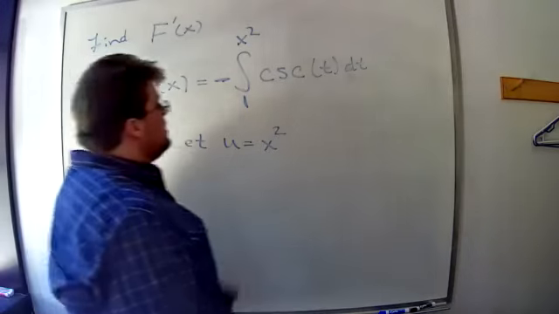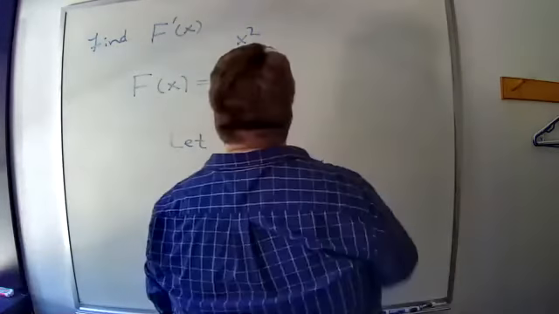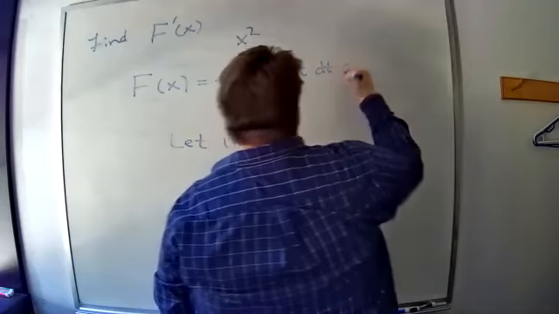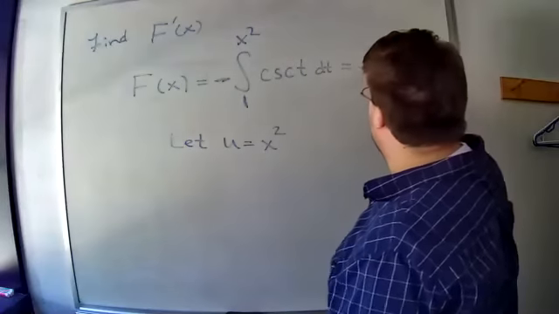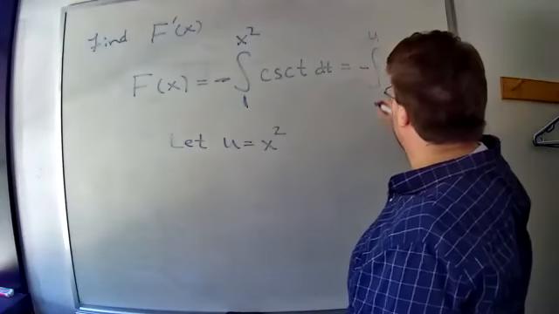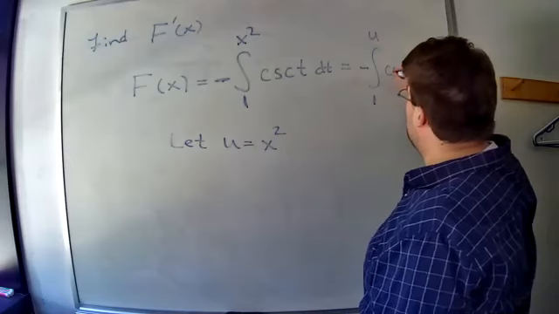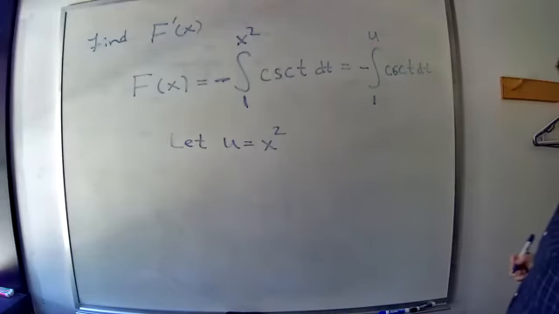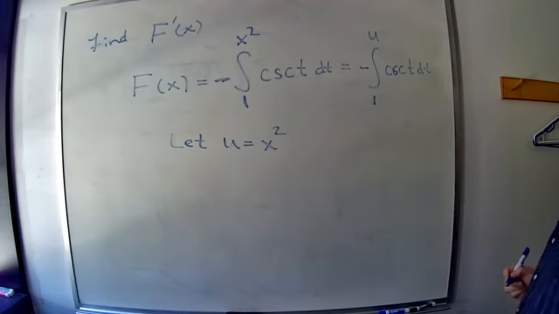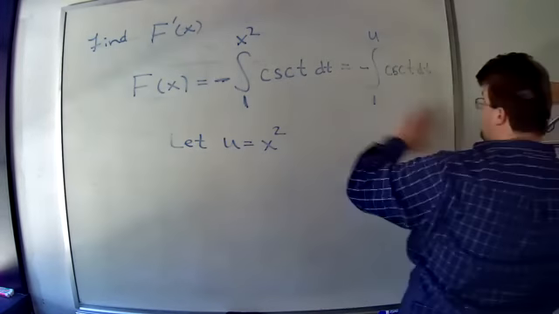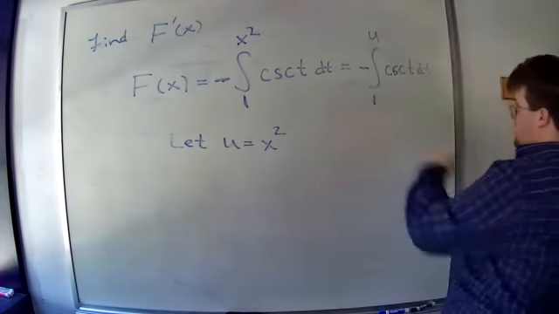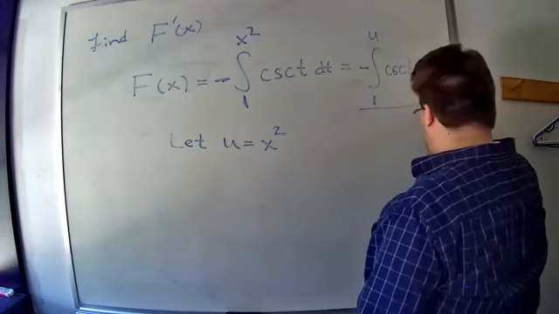If u equals x squared, then our original function is now the integral from 1 to u of cosecant of t. It's now a function of u. And the first part of the fundamental theorem of calculus does apply directly to this.